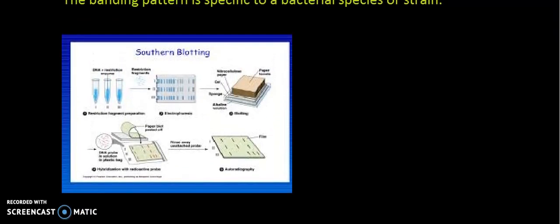These are DNA bands after restriction digestion, and you can see each of them: Lactobacillus kefir, Lactobacillus brevis, Lactobacillus acidophilus, Lactobacillus lactis. Each of them has a specific restriction pattern.